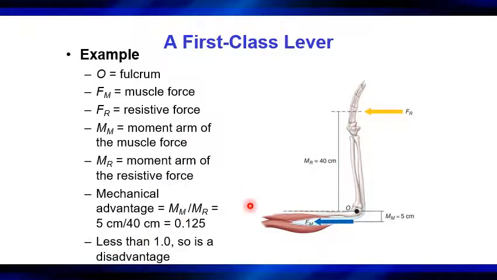So if we look at this picture right now, remember I said you have to find your force arm, or your moment arm of the force, and you have to find your resistance arm. So what we're looking at here is extension of the forearm against resistance. So you're just looking to extend your arm.